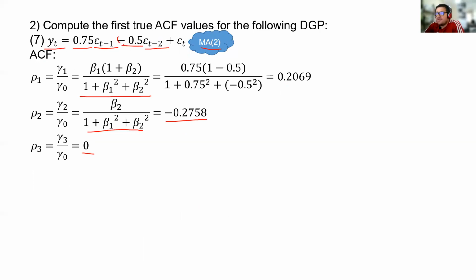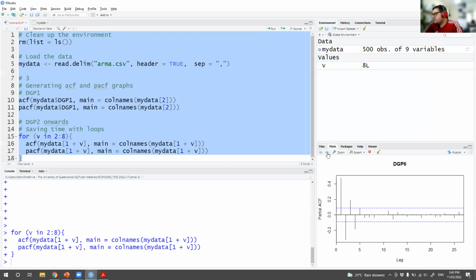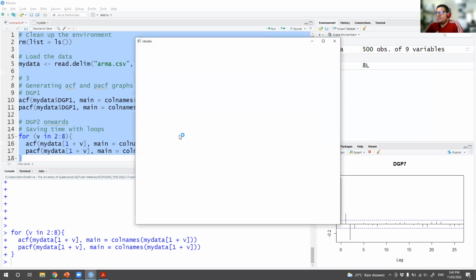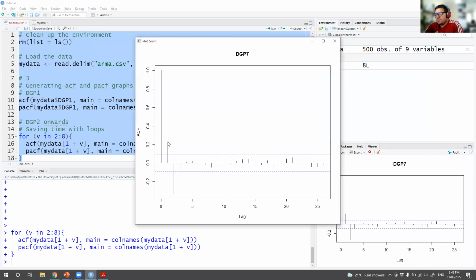And since these signs are inverted, then they will oscillate as well. So let's see that. This is what I mean. It will go positive, then negative, and then straight to 0. It's not a decay, it's just two cutoff points. So two cutoff points in the ACF might indicate two moving average components.